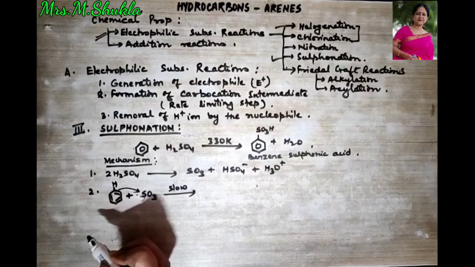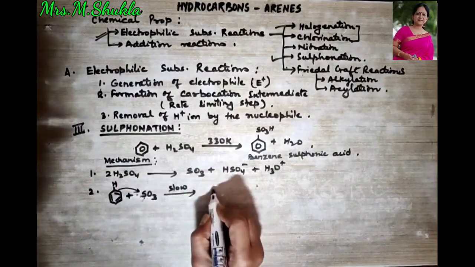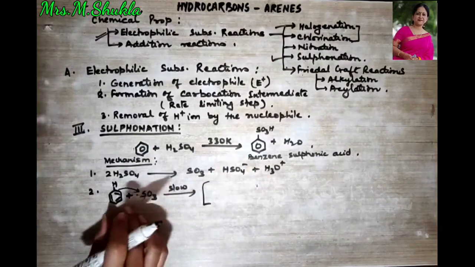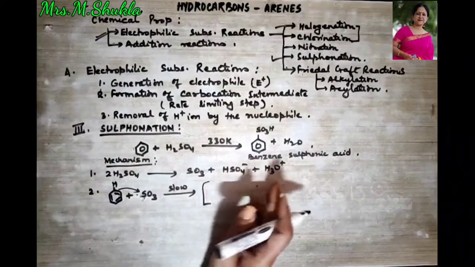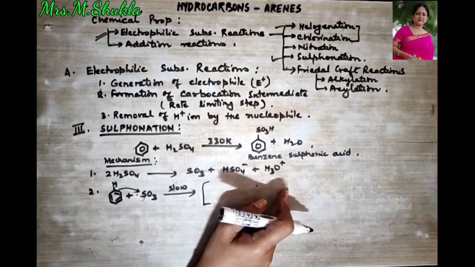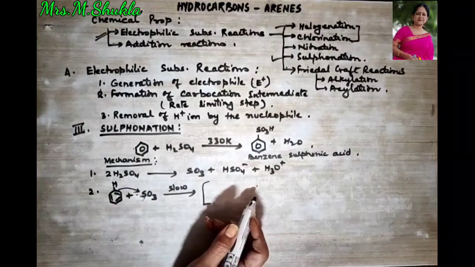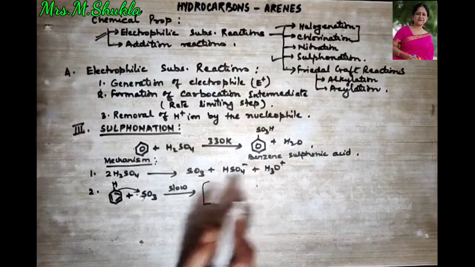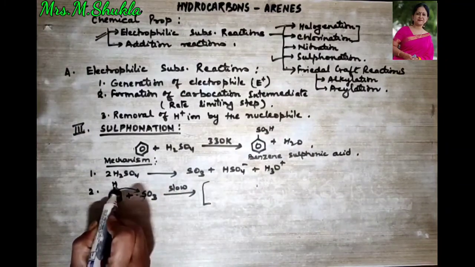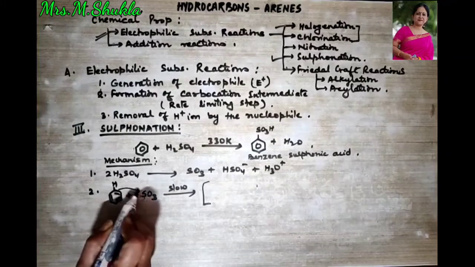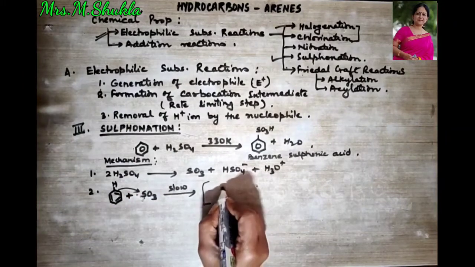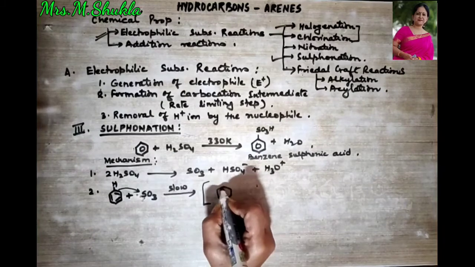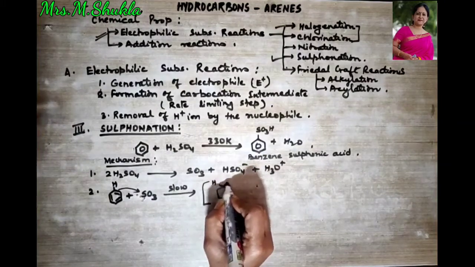Electron is accepted from here, so your benzene is immediately going to get into the resonance structure. Becoming unstabilized, it immediately gets into a resonance structure to stabilize itself. And where will this SO3 go to? To that carbon from where the electron has been removed. So by this time I hope you have understood where our SO3 will move to.